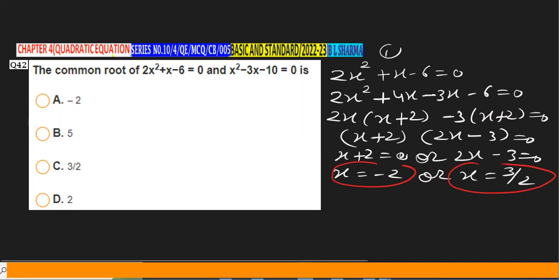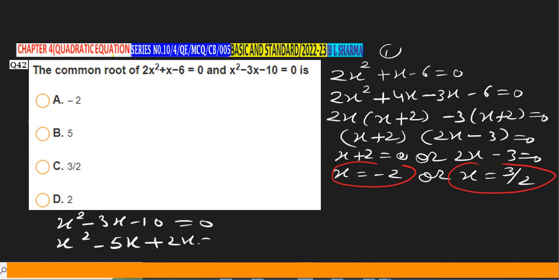Now for the second equation, that is x square minus 3x minus 10 is equal to 0. Difference 3 आना चाहिए, product 10 आना चाहिए. That is x square minus 5x plus 2x minus 10 is equal to 0. x common, x minus 5, plus 2 common, x minus 5.